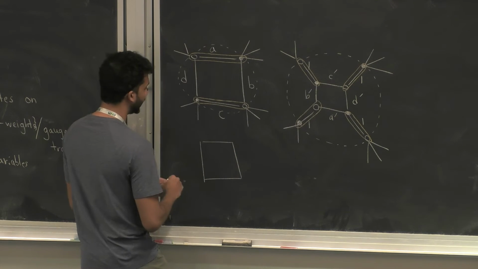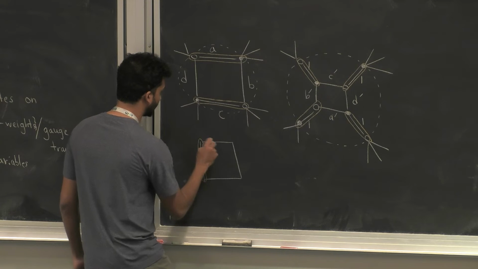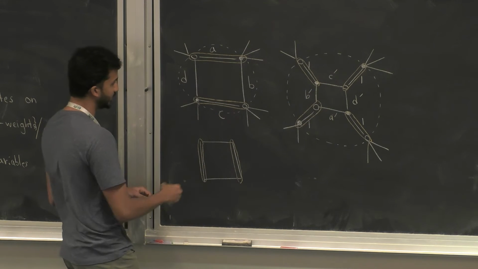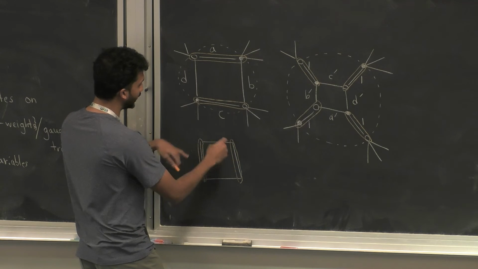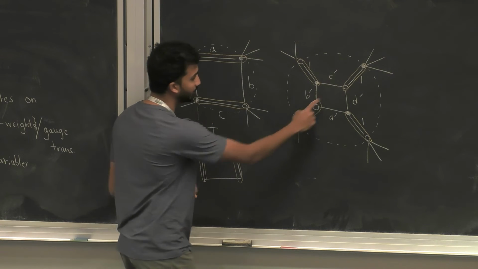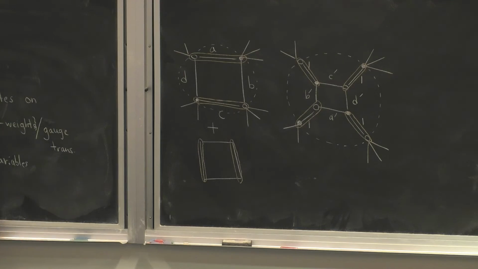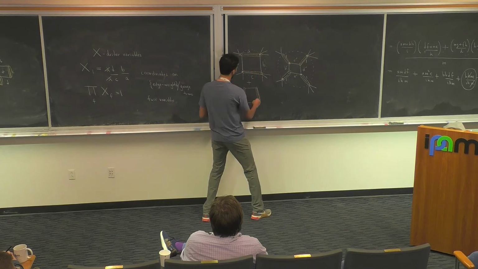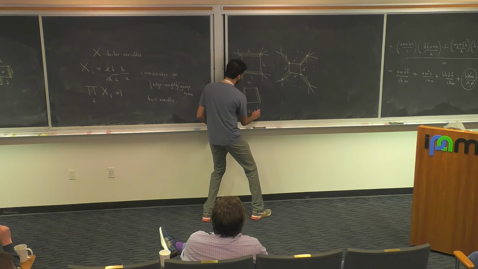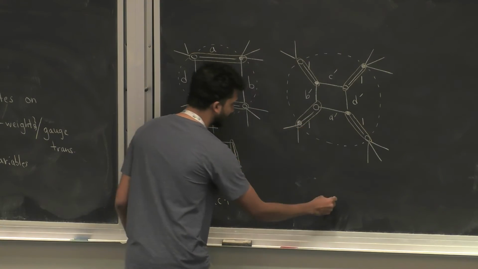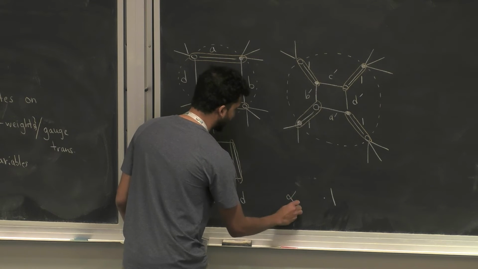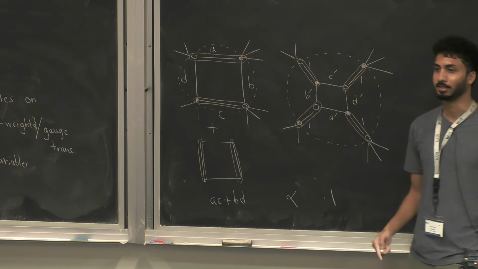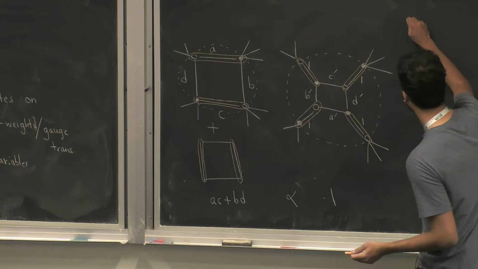So there is that one and there's this one. You want to choose your new edge weights such that the weight of these perfect matchings is proportional to the weight of the new perfect matching on the other side. So the weight of these perfect matchings is going to be AC plus BD. And on this side, you have 1, and you want these to be proportional. And the same for all other connectivities of boundary vertices. So this is one case.